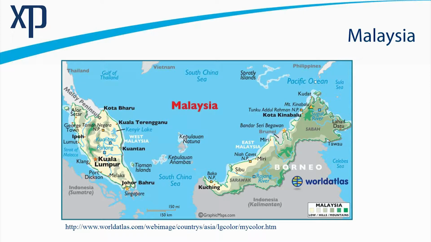Those monsoonal systems definitely have direct impacts on when major rainfall occurs in Malaysia and how it propagates.